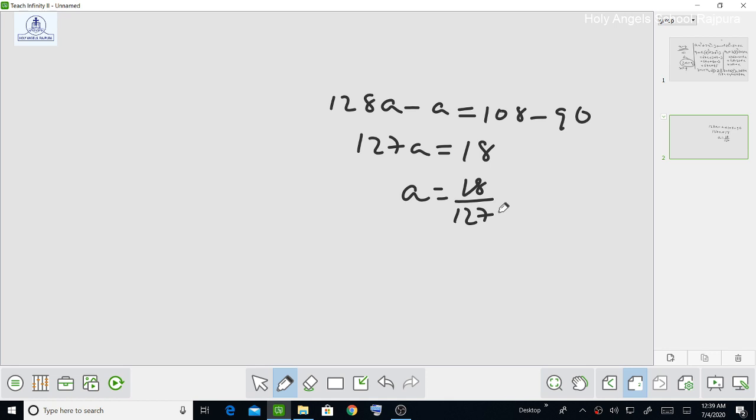Then the relation between R1 and R2 is given. 2R1 is equal to R2, that is 2 into bracket 64a plus 45 is equal to 108 plus a. Opening the bracket, 128a plus 90 is equal to 108 plus a, and collecting the terms of a. There are two terms of a collected together. 128a minus a is equal to 108 minus 90, that is 127a is equal to 18, a is equal to 18 upon 127.